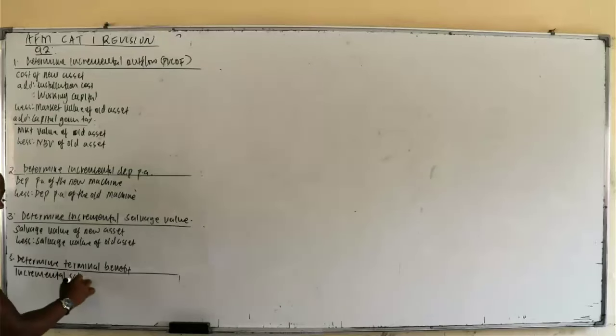We say that the working capital is an outflow at the beginning, then becomes an inflow at the end. And then, this was number 4, sorry. Step number 5, you determine the incremental inflows. And then lastly, number 6, we evaluate using NPV.